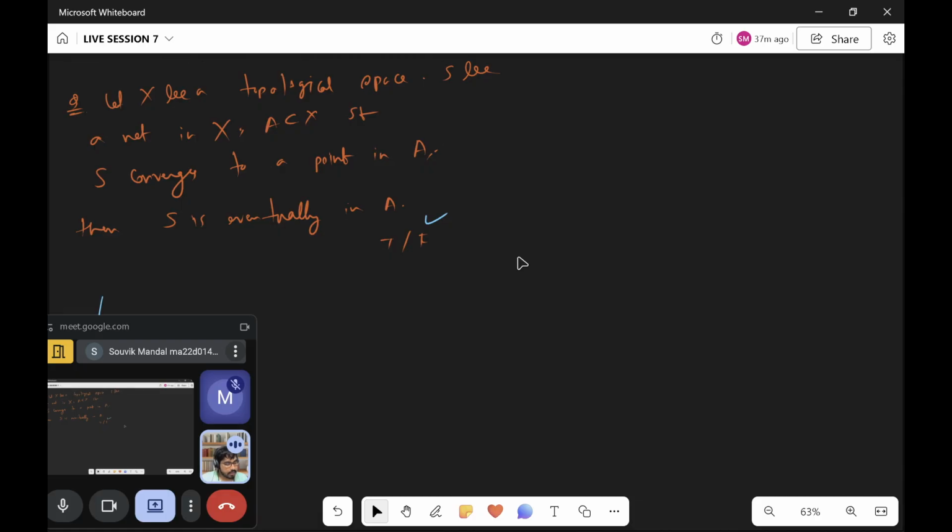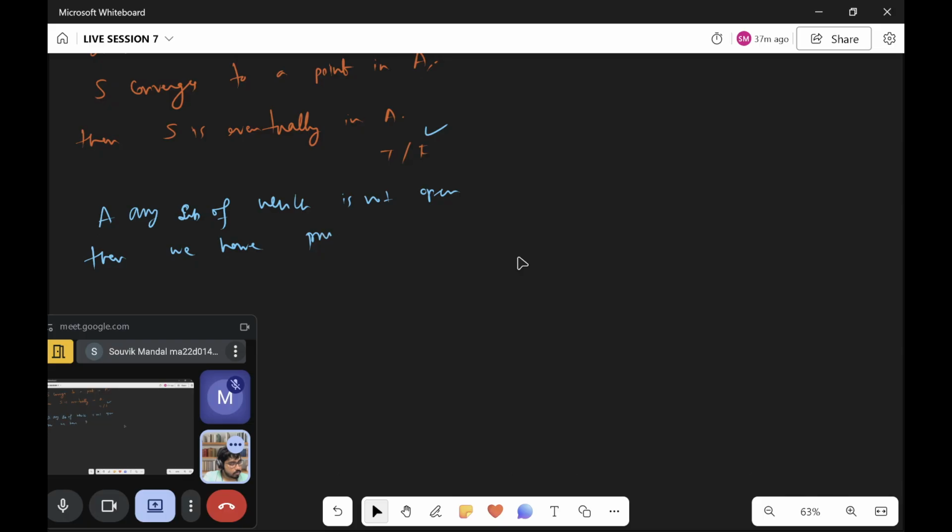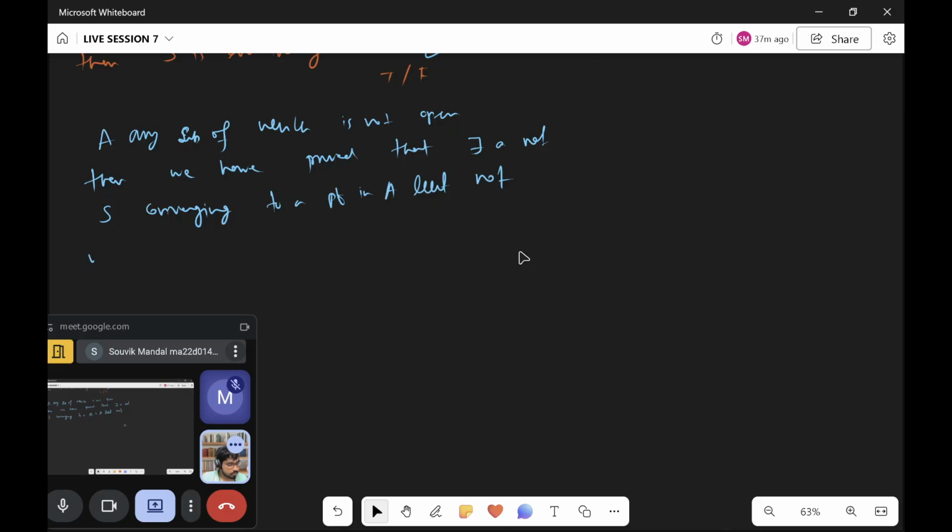The point is, take A to be any subset of X which is not open.